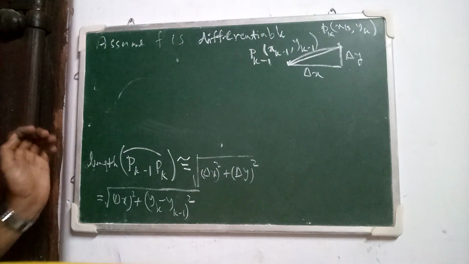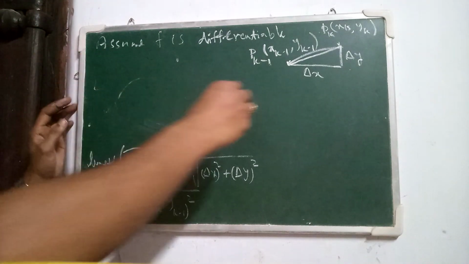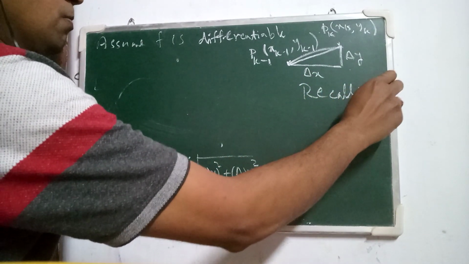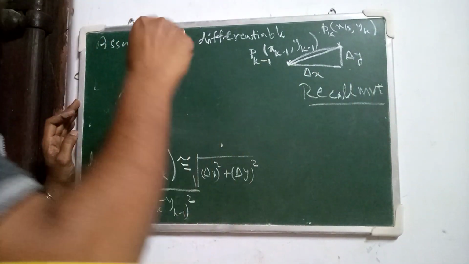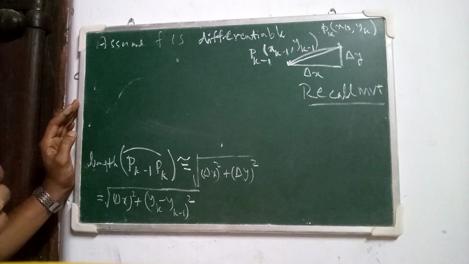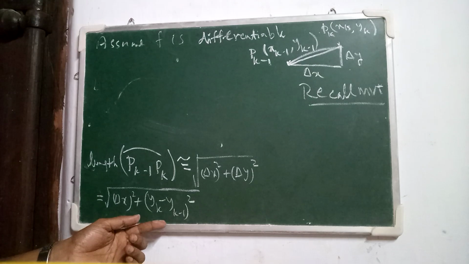Okay, then I can use mean value theorem. So what is mean value theorem? f of b minus f of a equal to b minus a into f dash c for some c in between a and b.